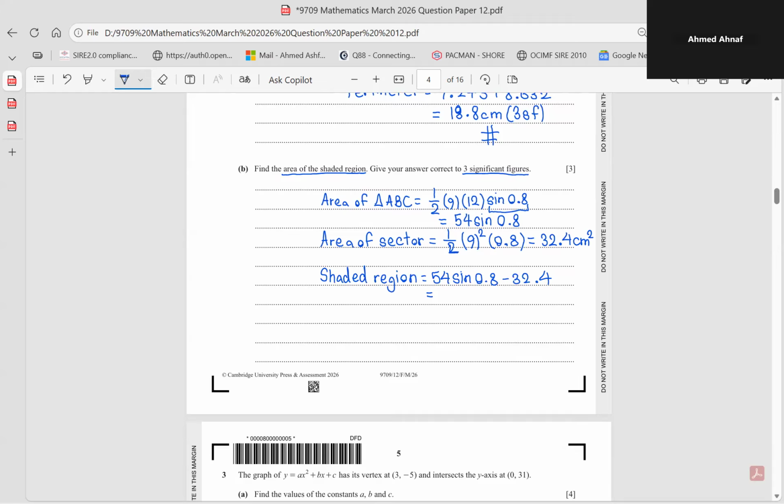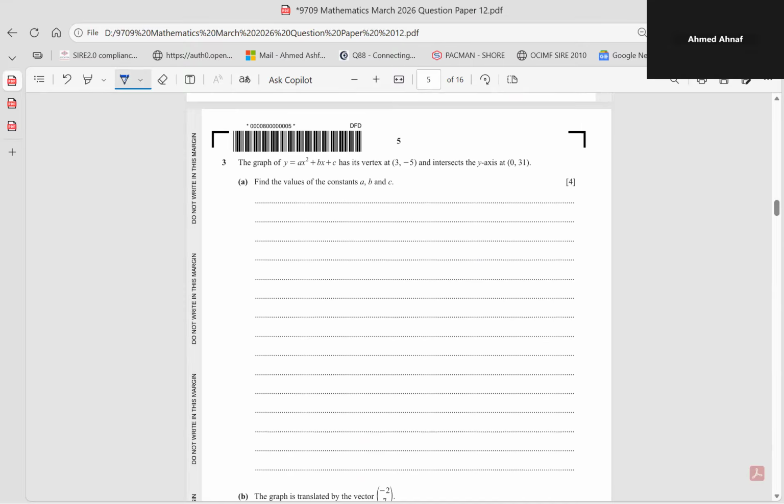Okay, so the final answer we get is 6.34 to three significant figures. And don't forget the units, centimeter squared. So yeah, this would be our final answer for this part as well as the entire question. Let's move on to the next question.